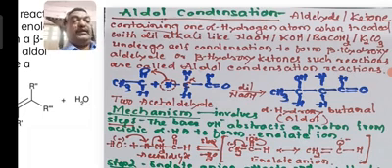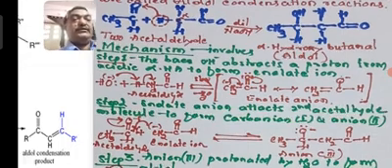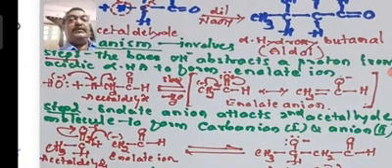The mechanism of this reaction I have written in handwritten format. So please remember, the dilute alkali will ionize to give OH minus. OH minus will take a proton from the CH2 group of the first aldehyde molecule to form CH2 minus C=O H. This is called the enolate anion.